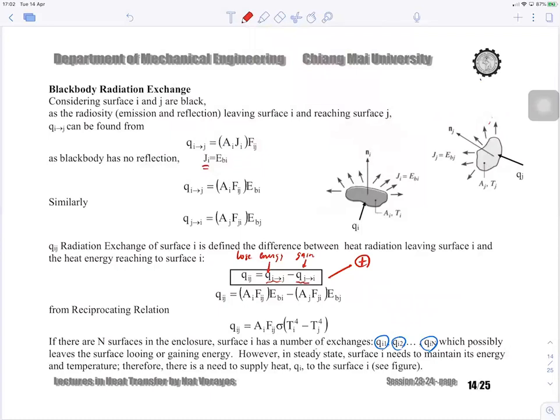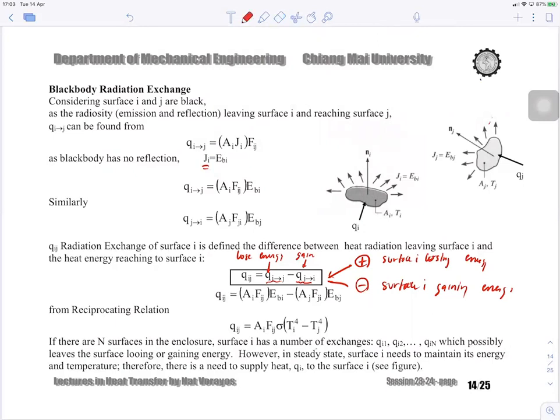This is radiation in. When it is positive, it means the surface is losing energy. And if it is negative, it means the surface is gaining energy. Got that?